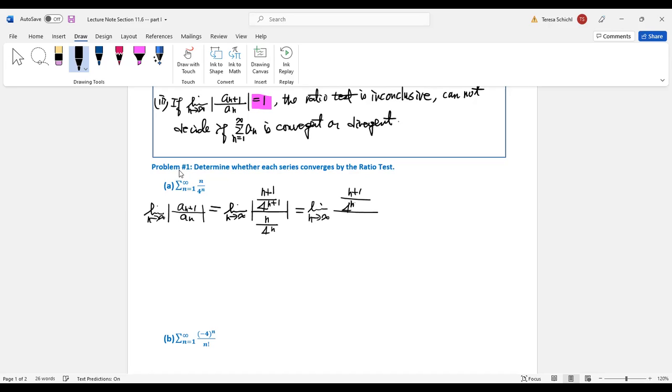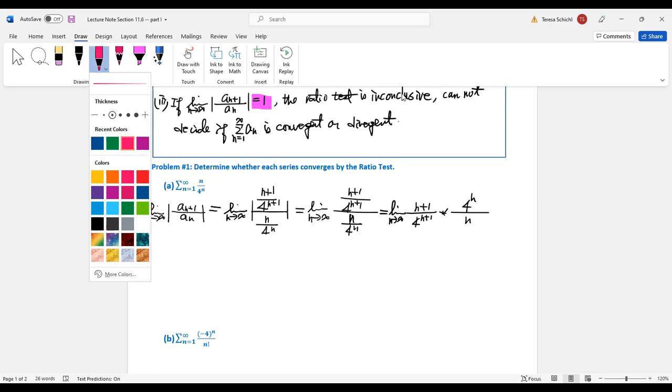So this is n plus 1, 4^(n+1), over n, 4^n. You have two fractions, so I need to flip it: n plus 1, times n, over 4^n.